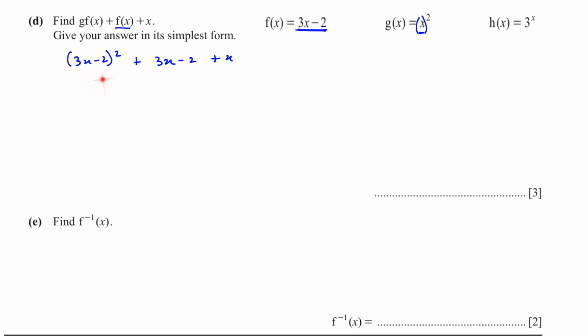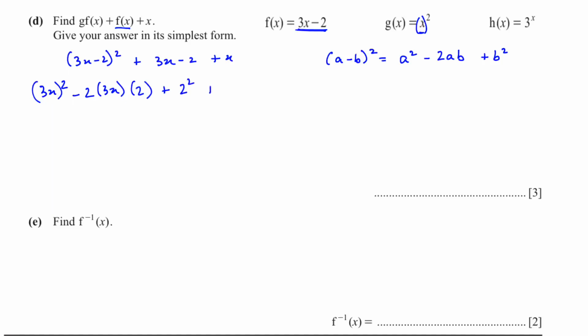To expand the bracket, you can multiply 3x minus 2 by 3x minus 2, or learn the identity (a minus b) squared is equal to a squared minus 2ab plus b squared. When we are using this identity, our a is 3x and b is 2. So we'll just replace in the identity. So (3x) squared minus 2 multiplied by a multiplied by b plus b squared, plus 3x minus 2 plus x.